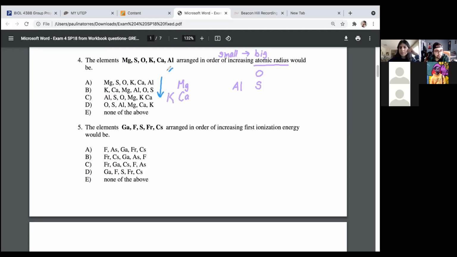Right to left, right? This way? Yes, perfect. Okay, so our radius increases right to left and then top to bottom. Now that we know that, how are we going to put these in order?